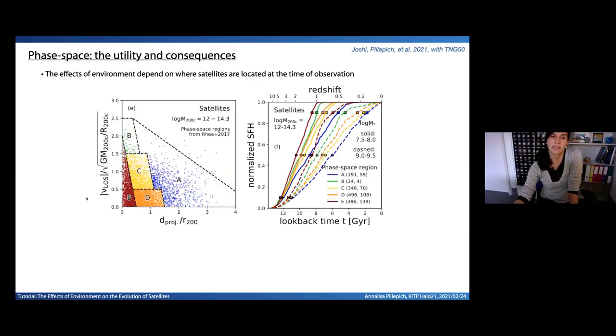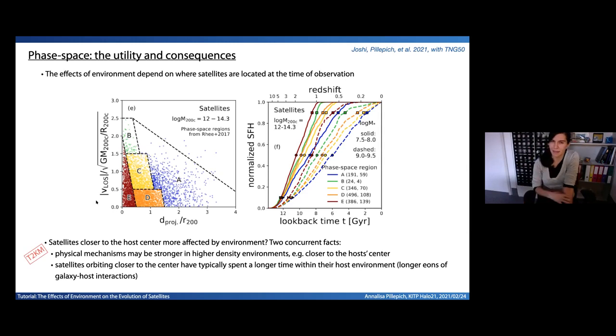And so the effects of environment depend on where satellites are located at the time of observation. We could even translate this by looking at the star formation histories of dwarf galaxies, and we see obvious trends of these star formation histories on the right in TNG, depending on whether we find the satellites very close to the centers or not.